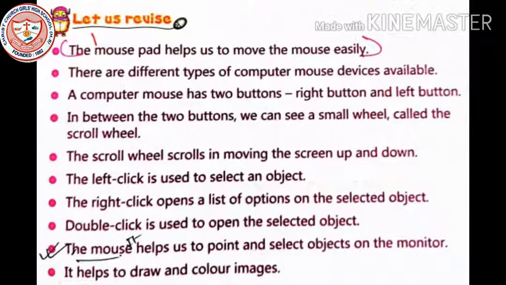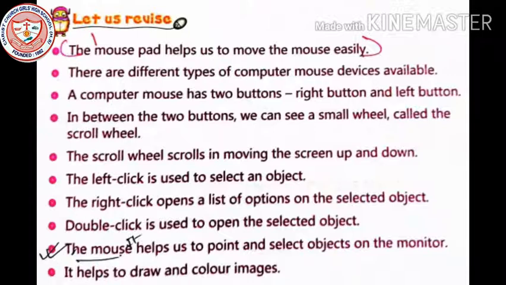The oldest one, the ball mouse, needs the mouse pad because there is a ball present at the bottom, so that it can detect the directions very well. But in the optical mouse, there is a red laser light and no ball at the bottom. With the help of a laser light, we can move through all the directions, so it does not require a mouse pad.